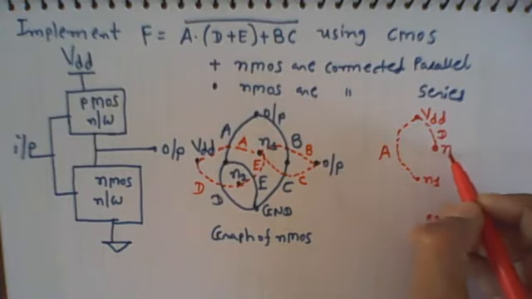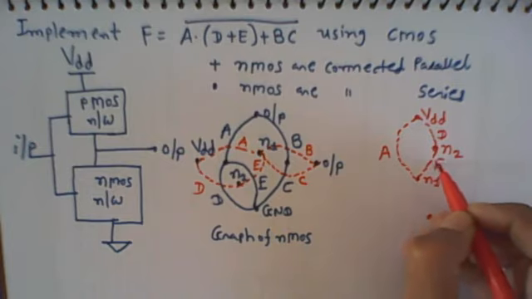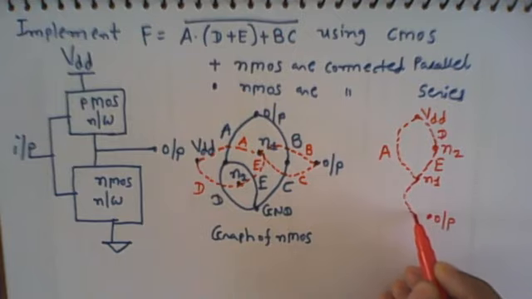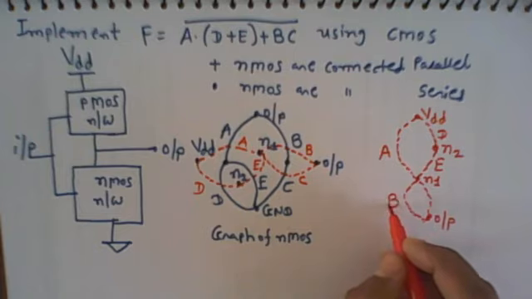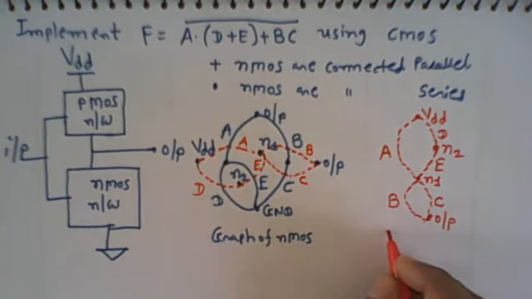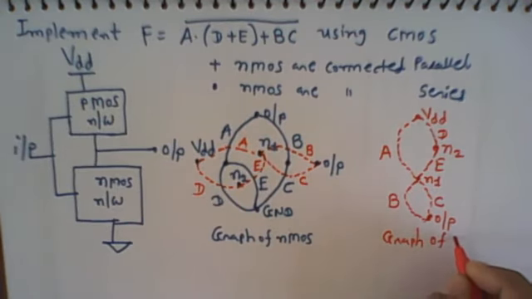And between N1 and the output there are two MOSFETs, B and C. So this is the graph of the PMOS network.